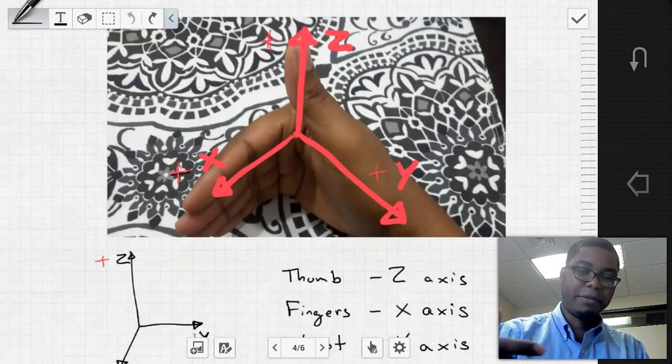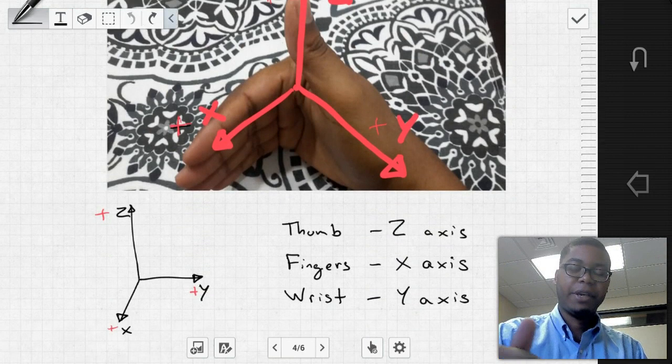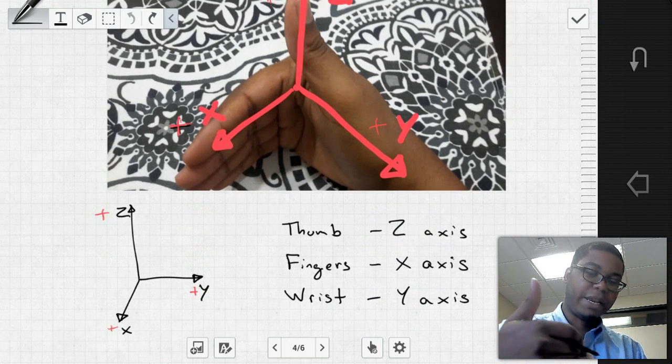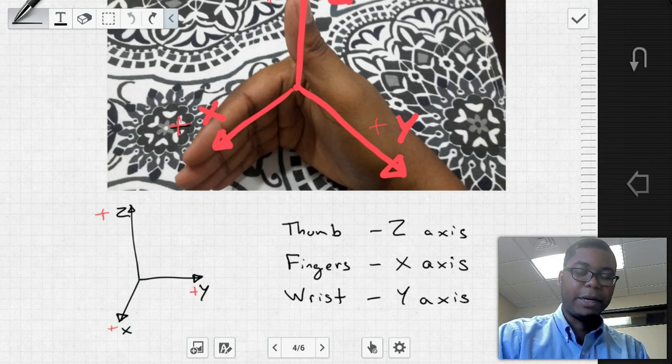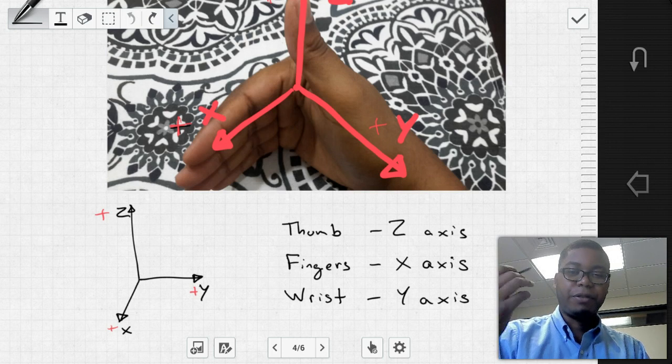So by taking your right hand and creating that coordinate system with your hand, you can then create a figure which describes a consistent coordinate system, where you have positive x, positive y, and positive z. This is a very important rule.